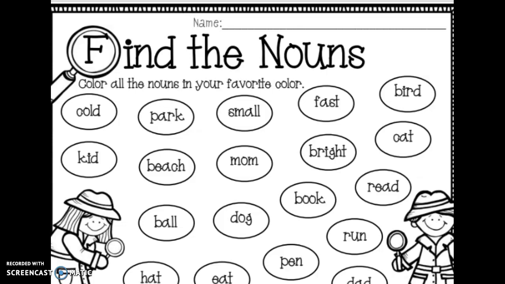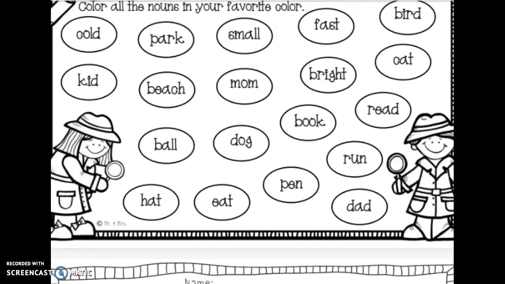There's kid, beach, mom, cat, ball, dog, book. That last part, I see hat, pen, and dad.